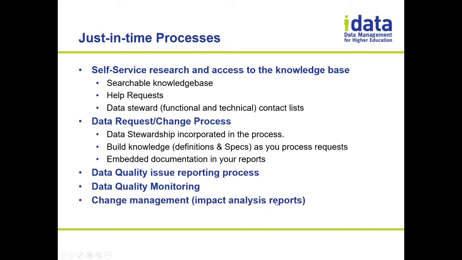And then the next thing is having some sort of change management or impact analysis report. So I mentioned if a data system changes and that's going to break a report, or if a definition changes, it's going to break a report, or if a report changes, it's going to break another report. You want to know the interconnectivity of this.